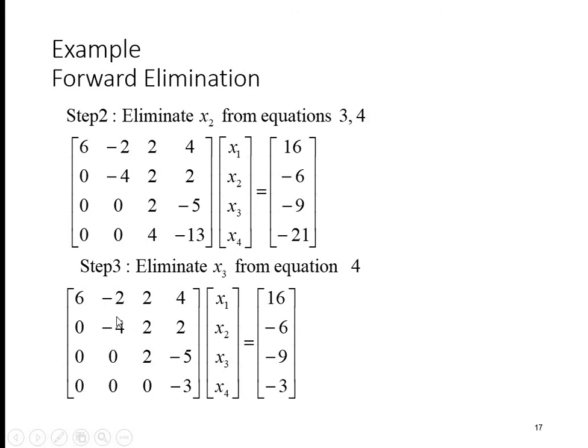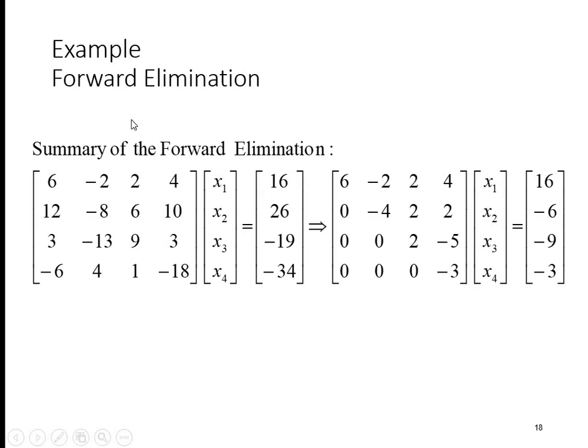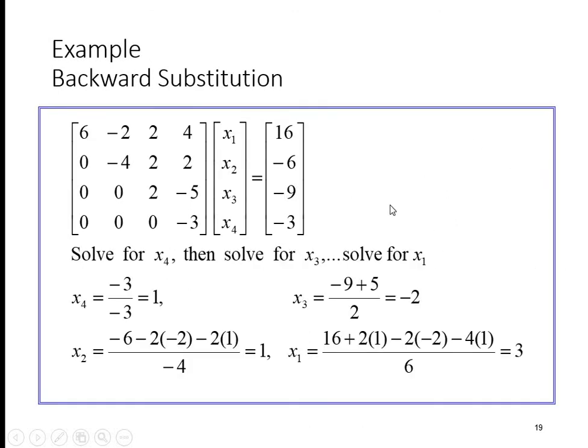Now you can see that this is upper triangular form. Therefore, you can solve the system using backward substitution. We have managed to perform forward elimination up to triangular form, so now we can use backward substitution.